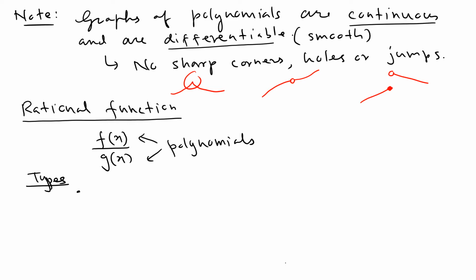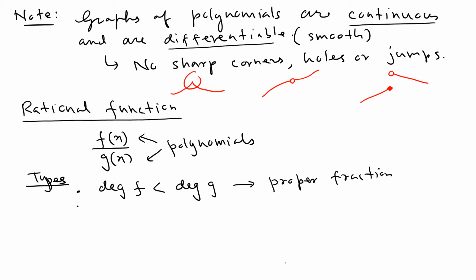Type 1: when the degree of the top function is less than the degree of the bottom function, we call this a proper fraction.